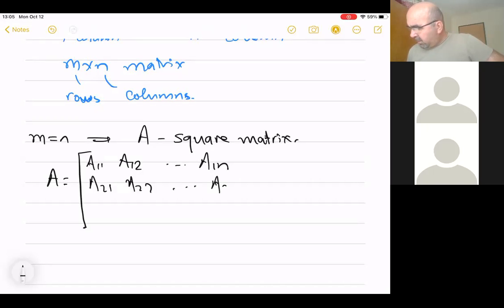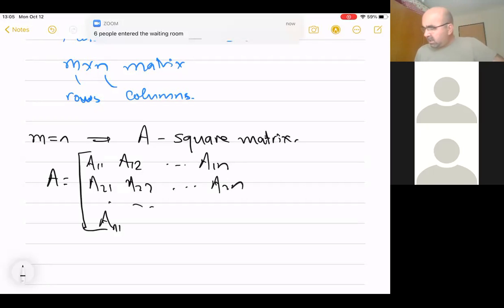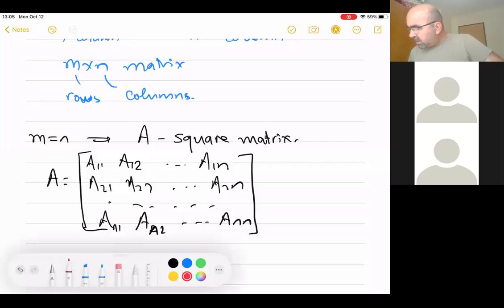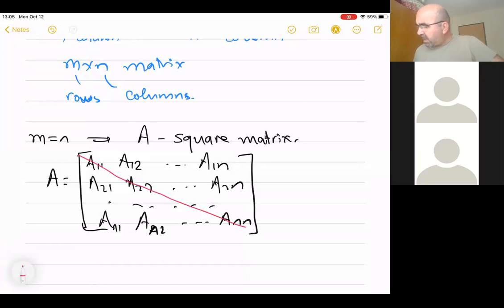These are the terminology that we should fix first, because we will use it all the time. This is An2, Ann. And these entries are called the main diagonal.